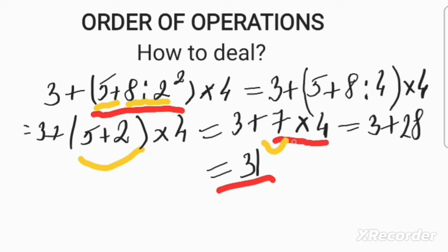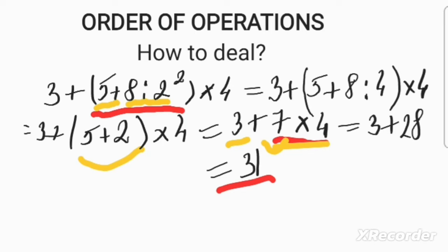So we have first of all 7 multiplied by 4, and after that we add 3. So remember, brackets first, after that powers and square roots, after that we do division and multiplication, and after that addition and subtraction.